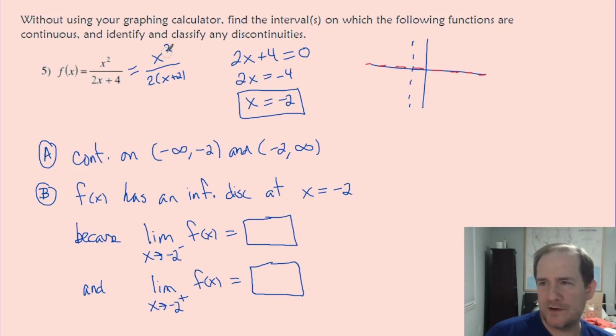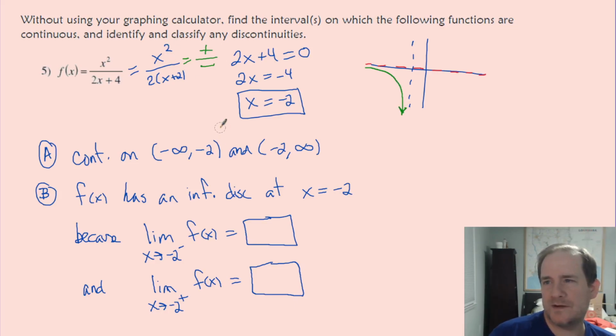Well, in the numerator, something left of -2, when I square it, it'll still give me a positive. But downstairs, if I'm less than -2 and you add 2, that'll give me a negative. Times 2 is still negative. So I know that to the left of -2, we are going to be negative.